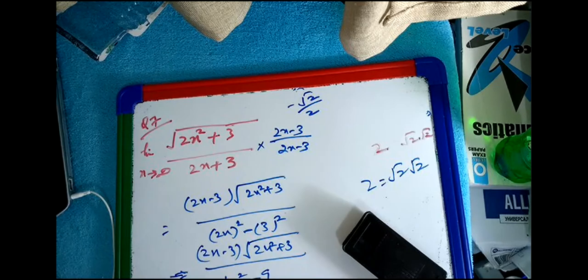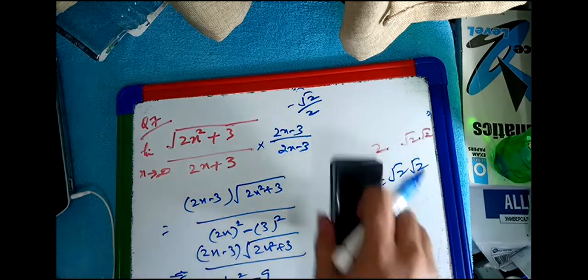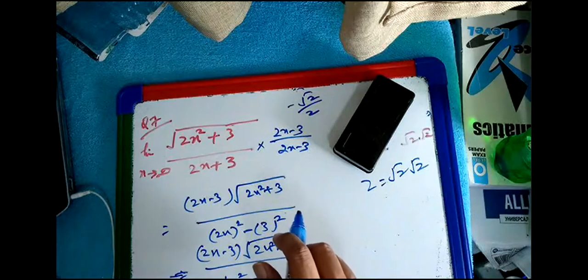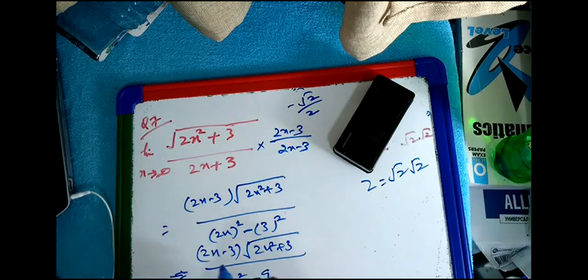Like this. Now if I apply the limits over here, I cannot apply the limits until I take something common.